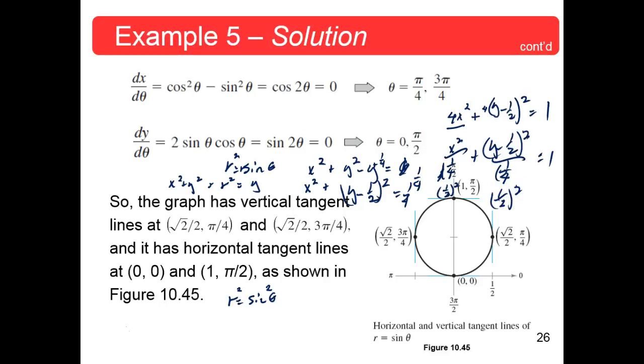So yeah, you have radius of 1/2. If you multiply both sides by 1/2 squared, then you have x squared plus y minus 1/2 squared is equal to 1/2 squared. Okay, so radius is 1/2.